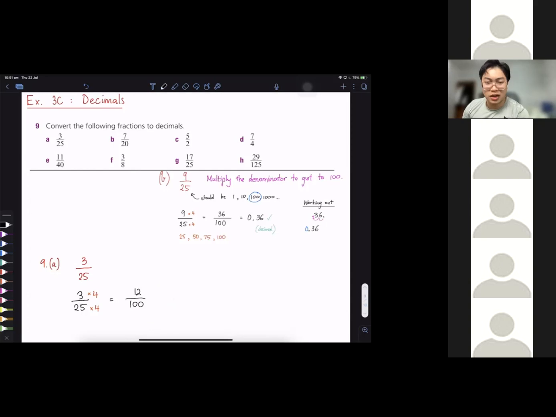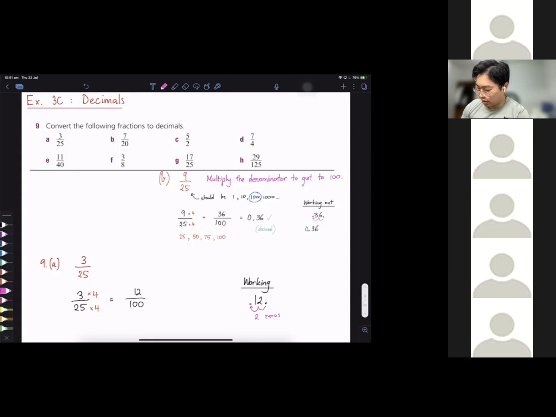And now it just becomes like the question we just did before. So we can go off to the side and do our working. We had 12 with the decimal point. Because we have 2 zeros, we move it 2 spaces to the left.